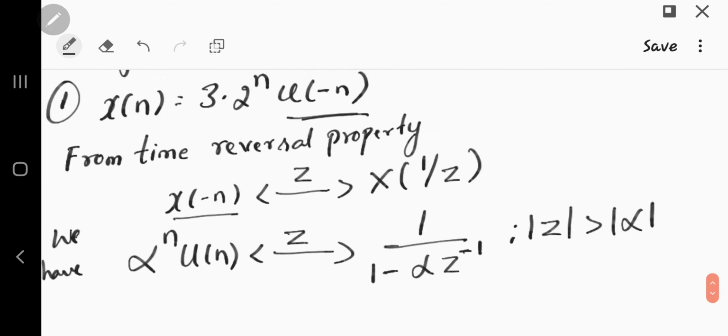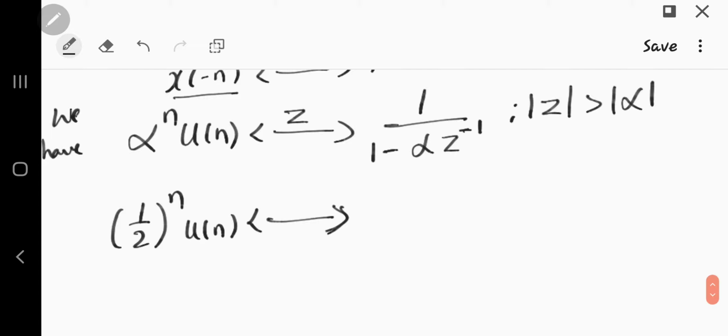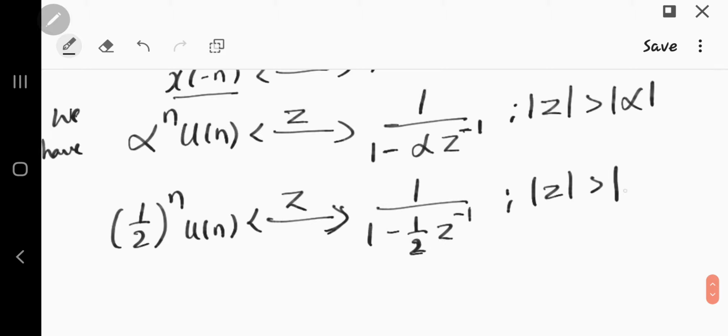Now in place of alpha, if I replace it with 1 by 2, then 1 by 2 to the power n into u of n has z transform 1 divided by 1 minus 1 by 2 z inverse, where z is greater than 1 by 2. Okay.